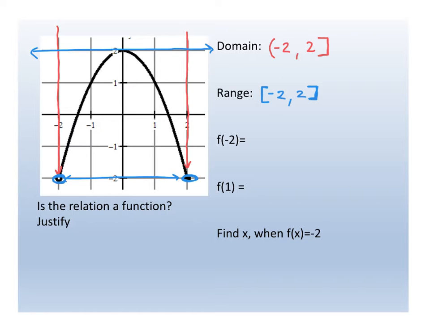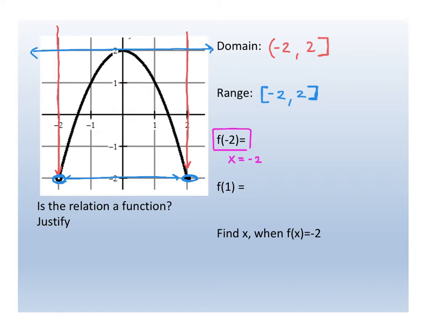Let's go ahead and go over the f of -2. So if you guys notice this one, f of -2, and you're wondering, wait, what does that mean? It basically is telling you that x is equal to -2. That's what it's telling you. Okay? So it's asking you to find the y value when x equals -2.